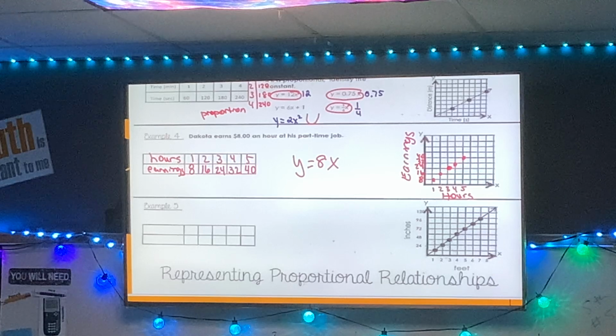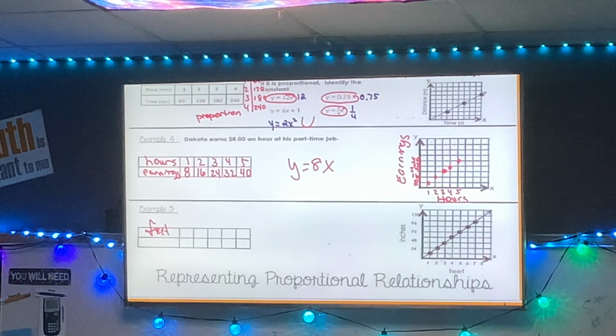Now the next one. We see feet and inches. Remember, your X is always on top, your Y is on bottom. Okay. 1 foot equals how many inches? 12. 2 feet equals? 24. 3 feet equals? 36. 4 feet equals? 5 feet equals? 60.